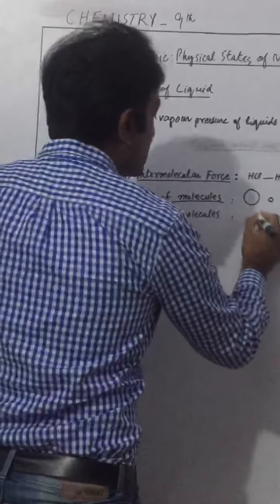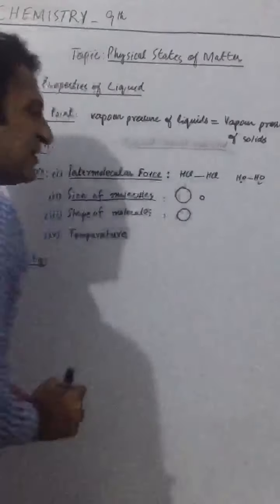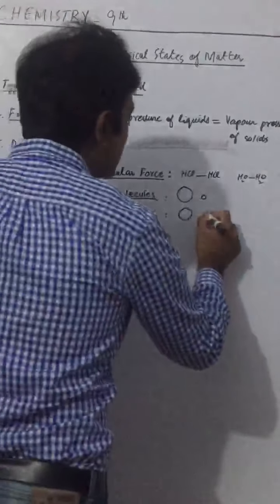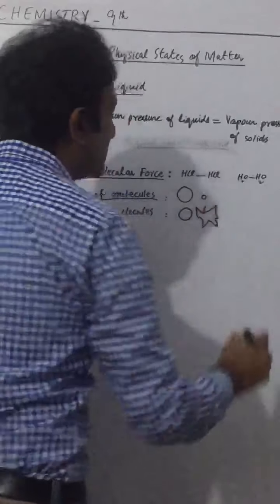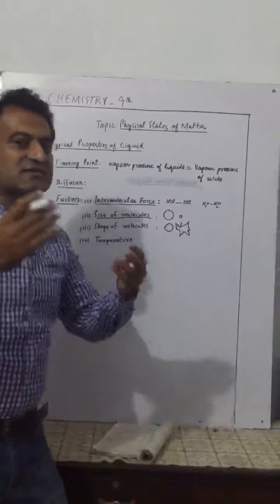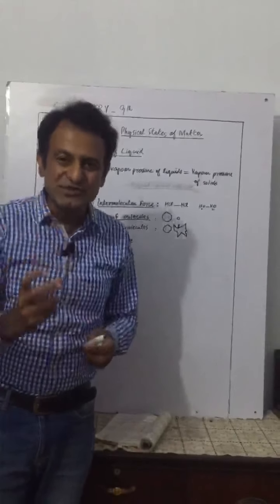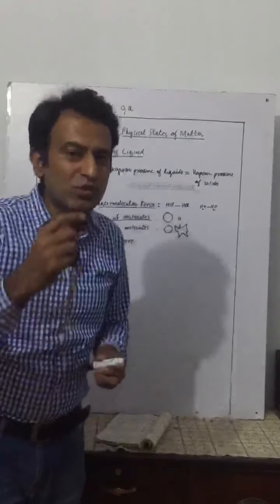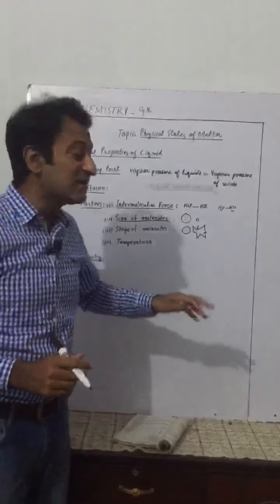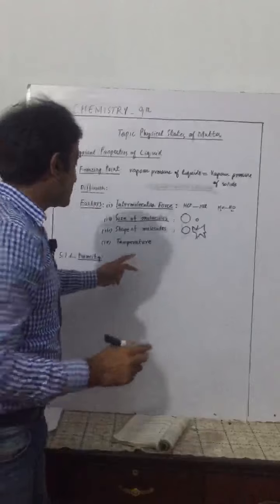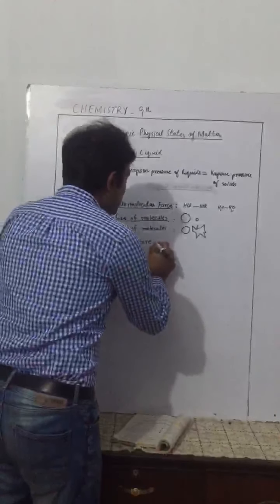Students, there are regular shape molecules, and then there are molecules having irregular shape. So the molecules that have regular shape diffuse more quickly as compared to the molecules that have irregular shape. Last but not least, temperature.